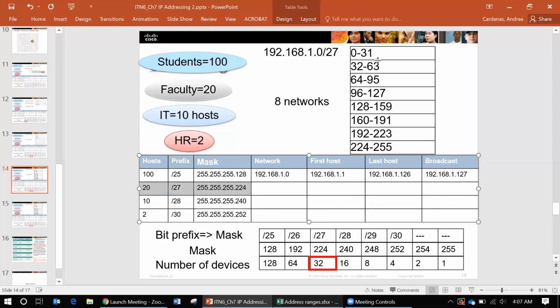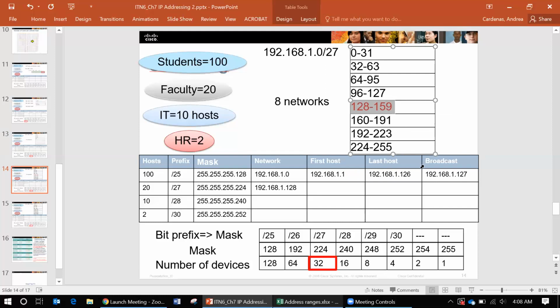So we're going to move on from here to using the /27. Well, this one ended at 127, so that tells you that the very next address that you can start with is 128. It is the address right after 127. So that tells you that you're going to use this range here.